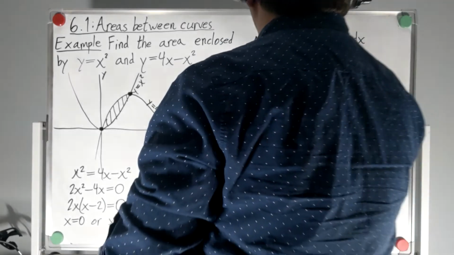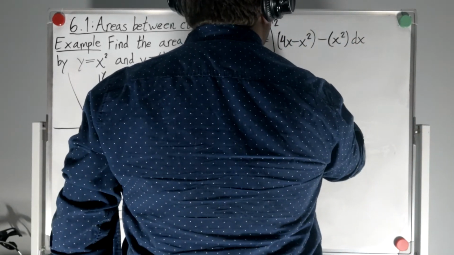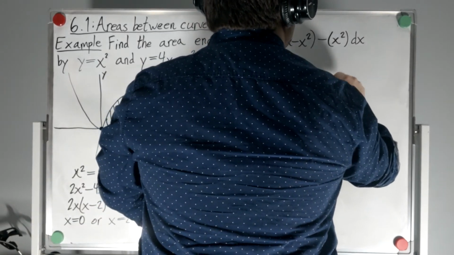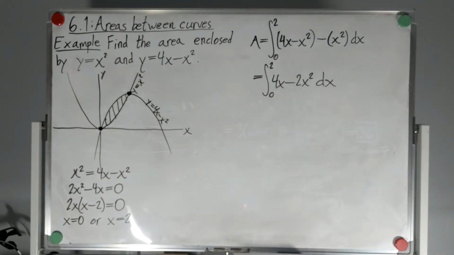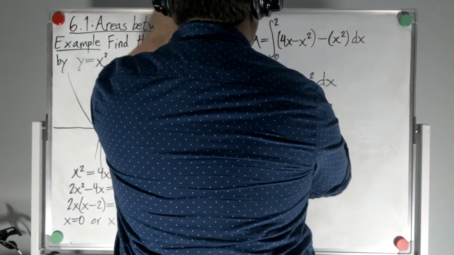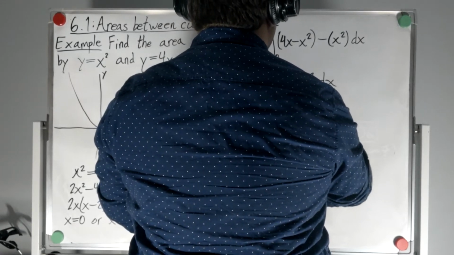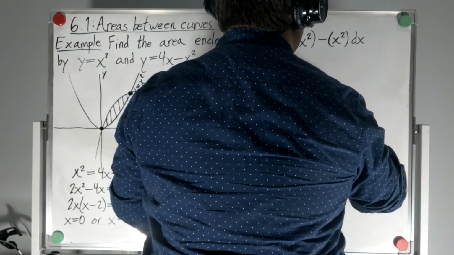So this becomes the integral from 0 to 2, 4x minus 2x squared. You do the antiderivative, and this will just become 2x squared minus 2/3 x cubed, evaluated from 0 to 2.